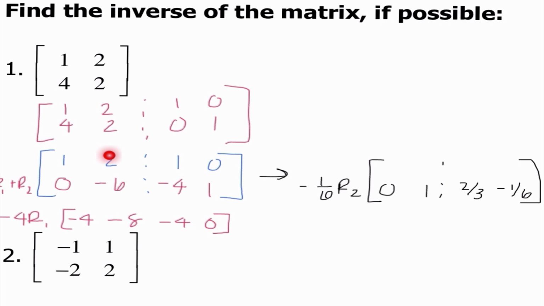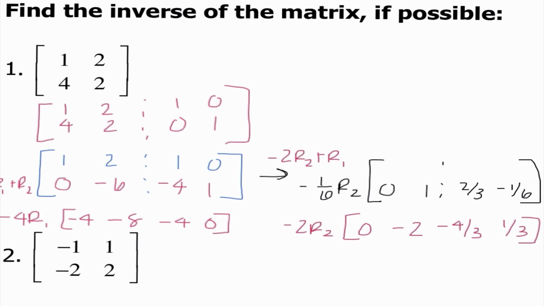Lastly, I need to change this 2 into a 0, so I'm going to do -2 times row 2 plus row 1. -2 times row 2 is 0, -2, -4/3, and then positive 2 over 6 or 1 over 3. 0 plus 1 is 1. -2 plus 2 is 0. -4/3 plus 1 is -1/3. 1/3 plus 0 is positive 1/3.